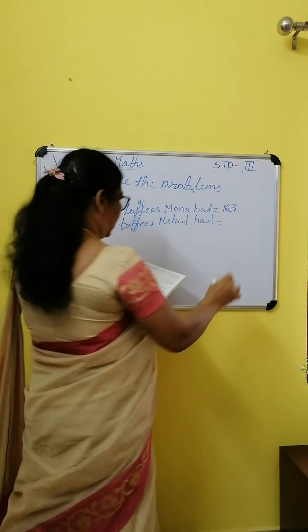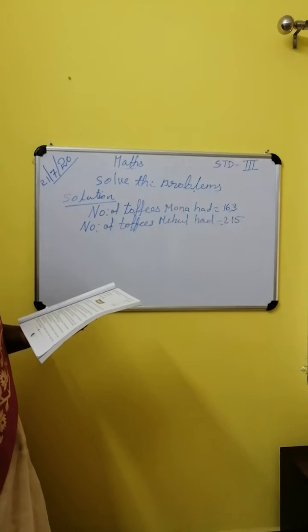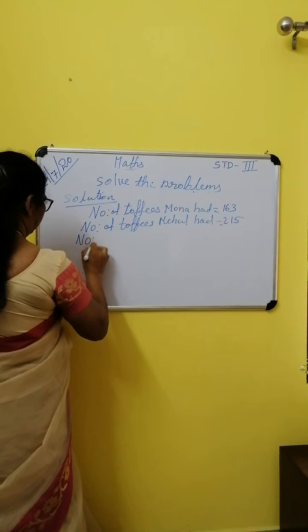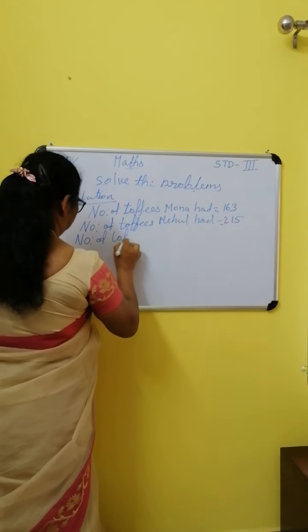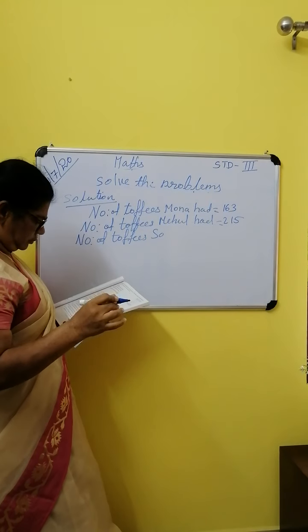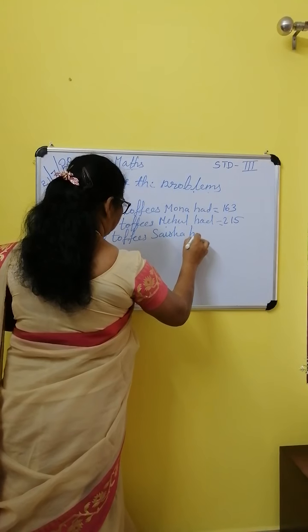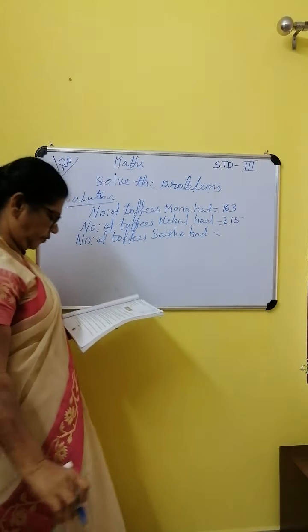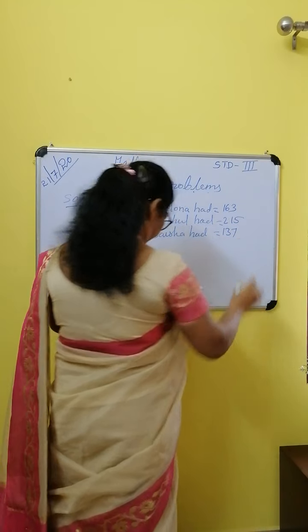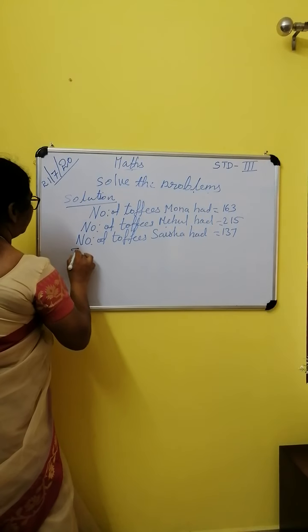What? 215. Then number of toffees Seisha had. 137. How many toffees were in all? Total number of toffees.